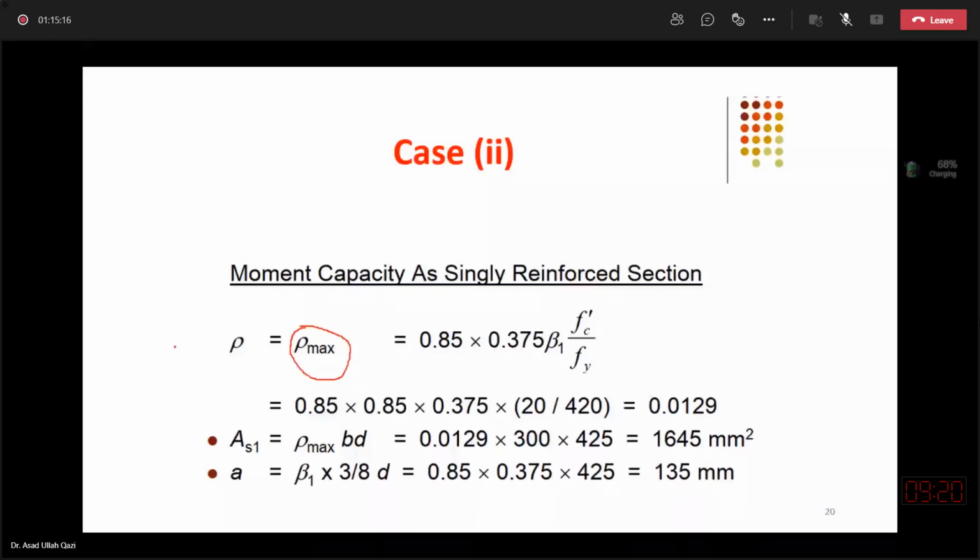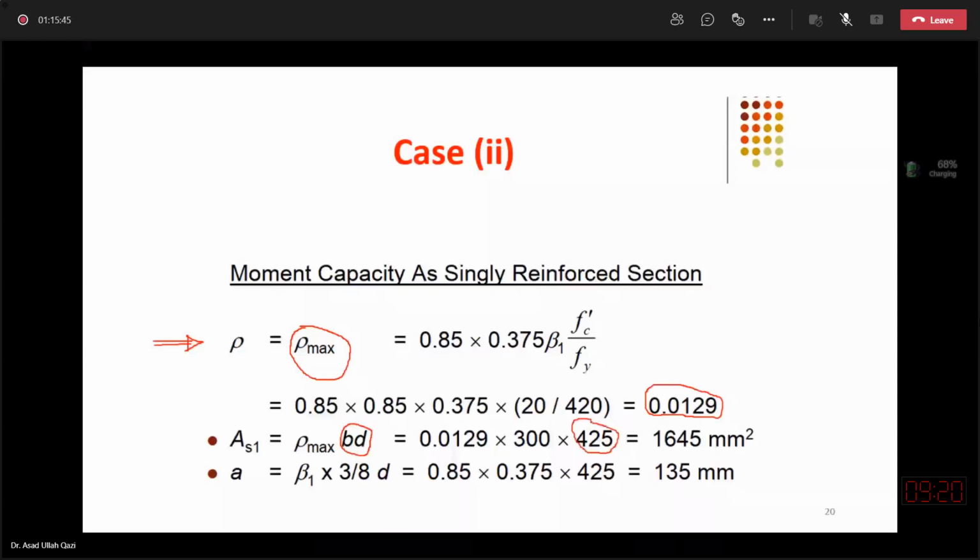First, I will call the rho max of singly, and based on it I got the rho value. I multiplied that rho max with the effective area, selecting the D allowed by the architect, which is permissible. And I got AS1.